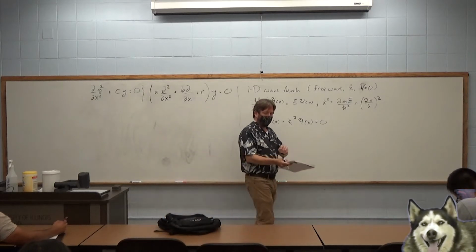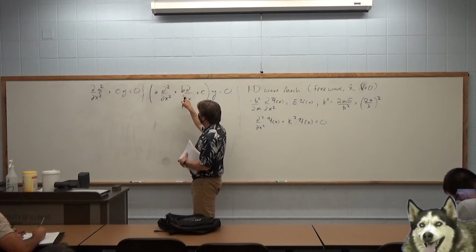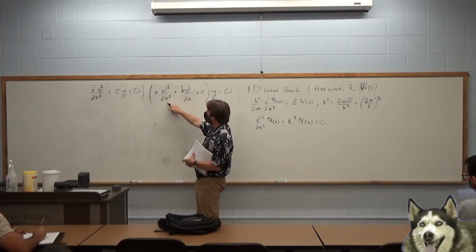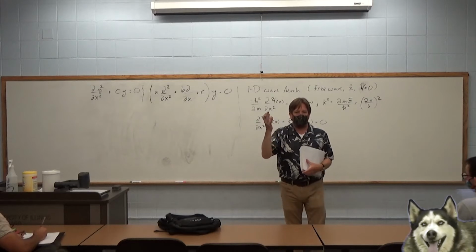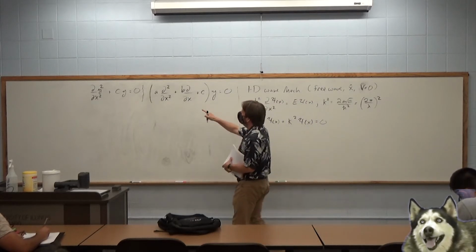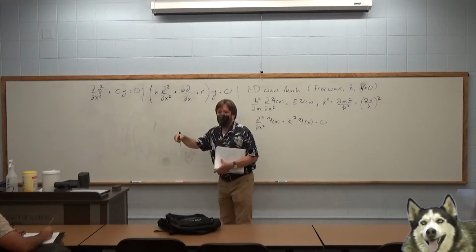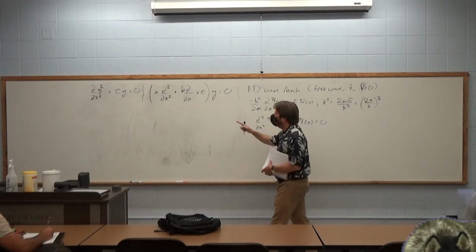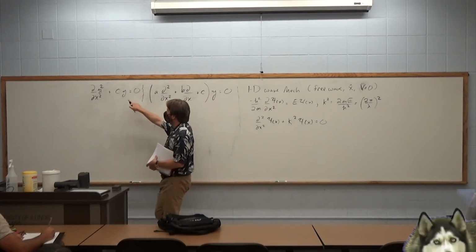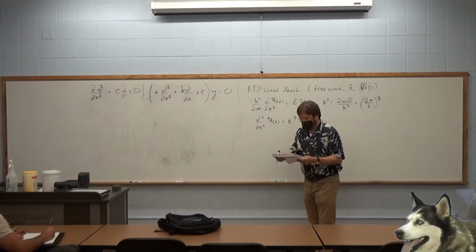Why in God's name did I complicate it? What I've done is I've kept d²y/dx². A is 1. But yeah, I can keep it. There's no problem with that. B dy/dx, B is 0. So why is it there? You'll see. Cy, that's still there. Still equal to 0.